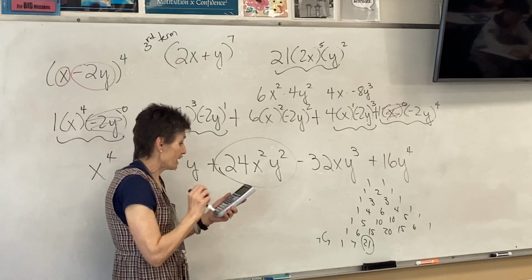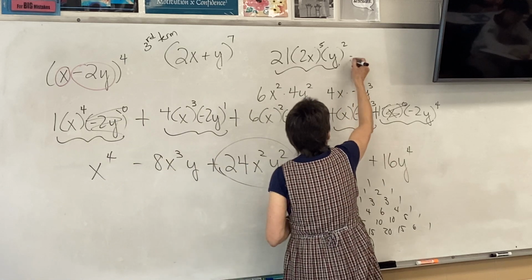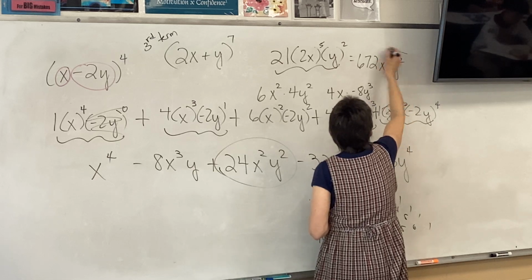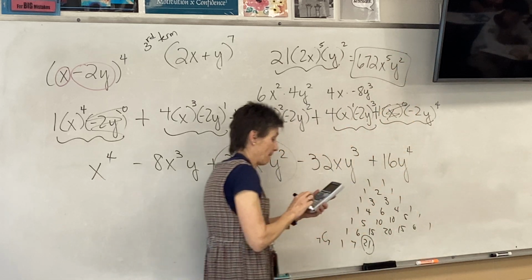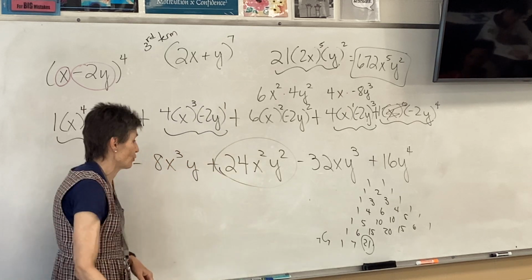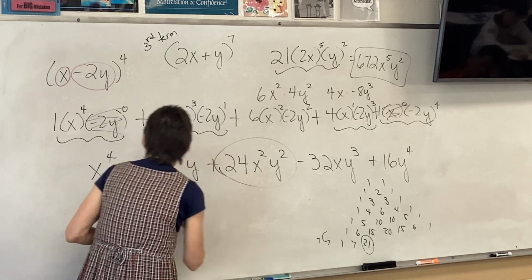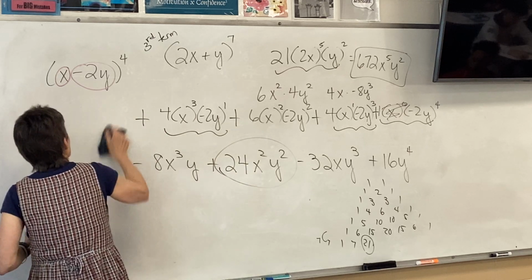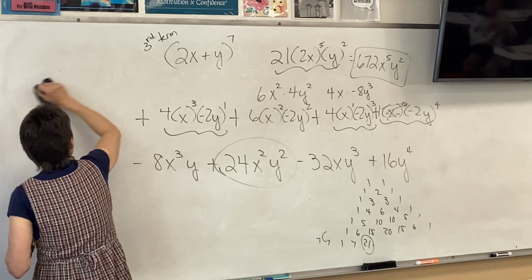So I'm getting 672 x to the 5th y squared. That is the third term of the expansion. Does anybody have a question about that?